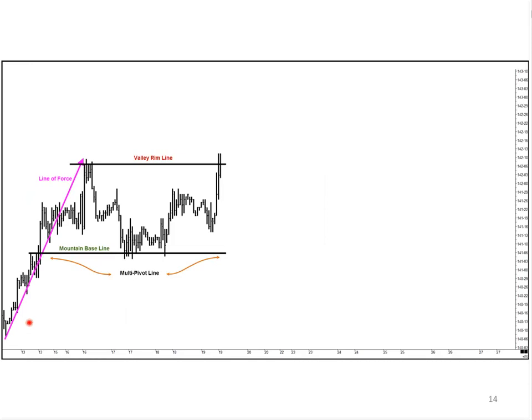I'm taking a look. I've got this beautiful mountain baseline. It's also called a multi-pivot line, which is how Dr. Andrews labeled these, which means it touches a high over here, and numerous lows over here.